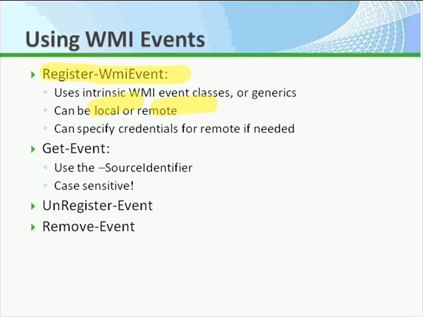Then we use Get-Event to retrieve the event after it has been done. We use Unregister-Event and Remove-Event to get rid of these. So working with these cmdlets makes it really easy for us to identify and to respond to events as they happen on the computer.